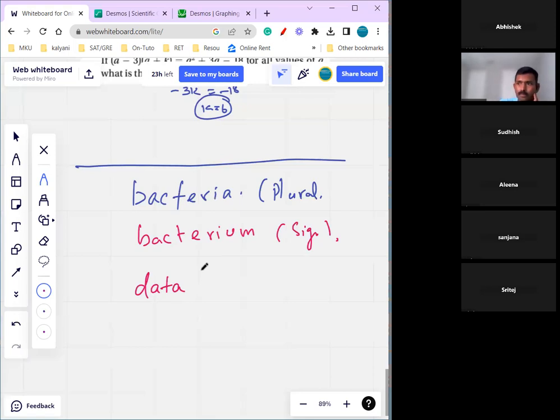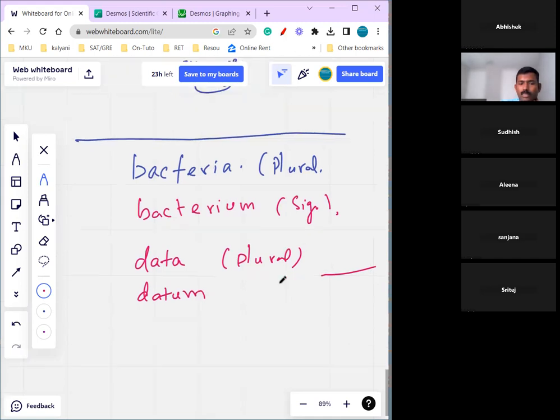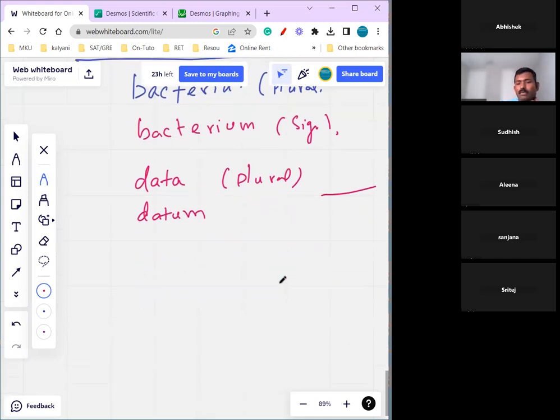Okay, I see some back and forth. So data is plural, and the singular is datum.